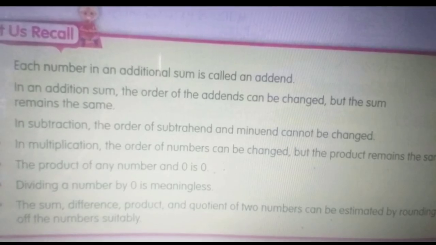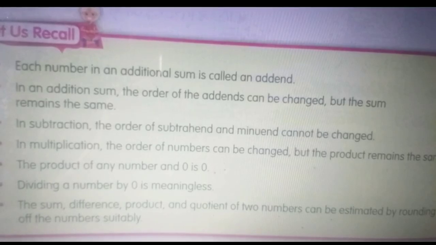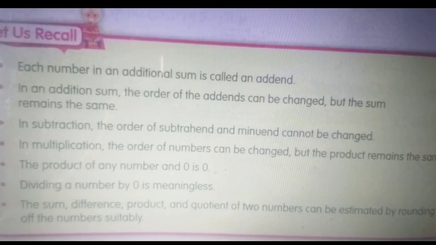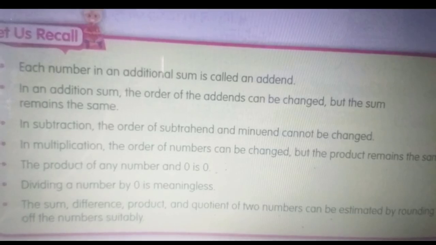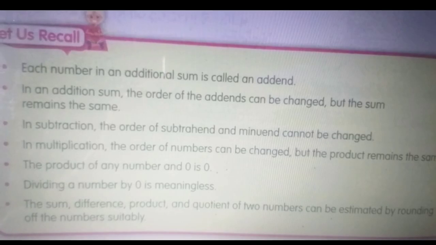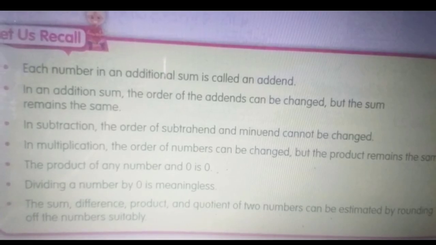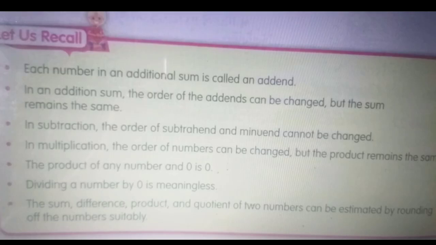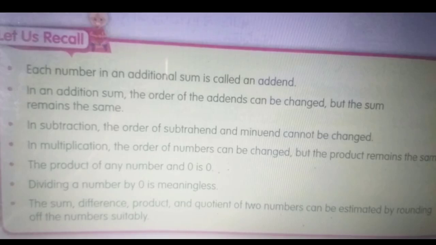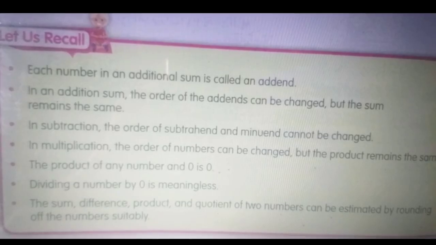Fourth, in multiplication, the order of numbers can be changed, but the product remains the same. Fifth, the product of any number and 0 is always 0. Sixth, dividing a number by 0 is meaningless. And the last, the sum, the difference, product and quotient of two numbers can be estimated by rounding off the numbers suitably. So the chapter is done.